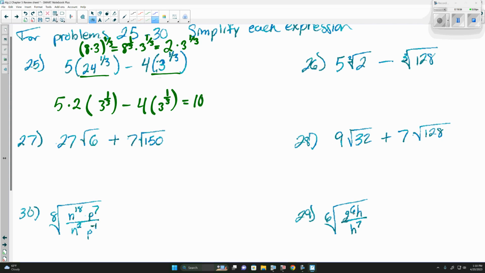Well, 5 times 2 is 10 times 3 to the 1/3 minus 4 times 3 to the 1/3. Since the parentheses are the same, we can subtract the numbers in front, which gives us 6 times 3 to the 1/3.